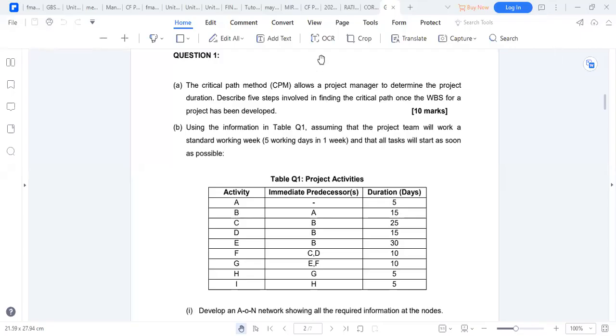Okay, good morning. We are looking at the network diagram in project management.